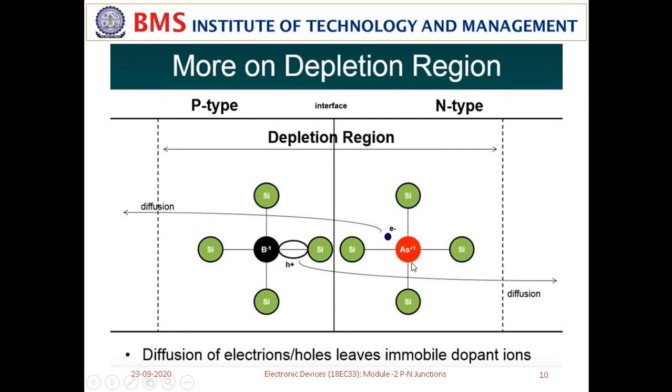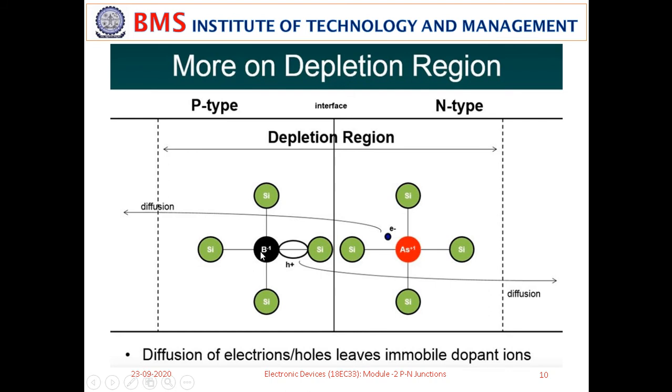Likewise, here this arsenic has donated an electron and the nucleus of arsenic is positively charged. So, you can see here there is an empty position. This boron element forms covalent bonds with 3 adjacent silicon atoms, and since it is empty, there is no electron to form a covalent bond with the fourth silicon. Therefore, this position is empty.